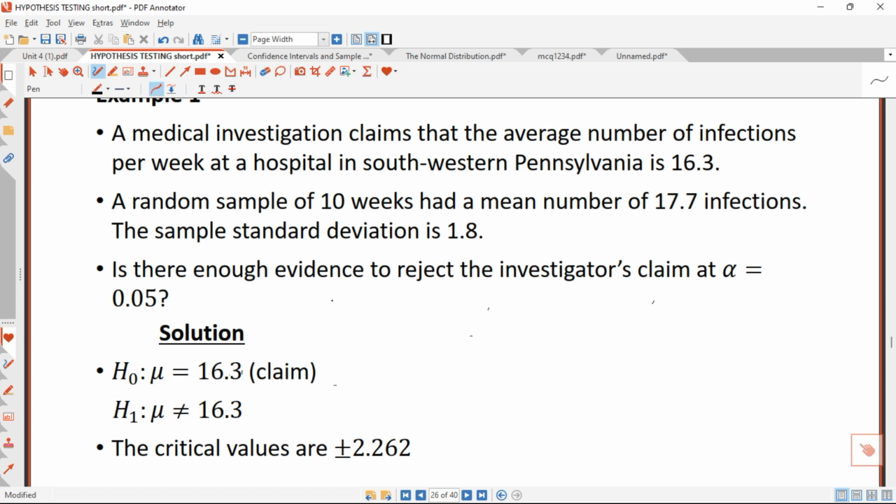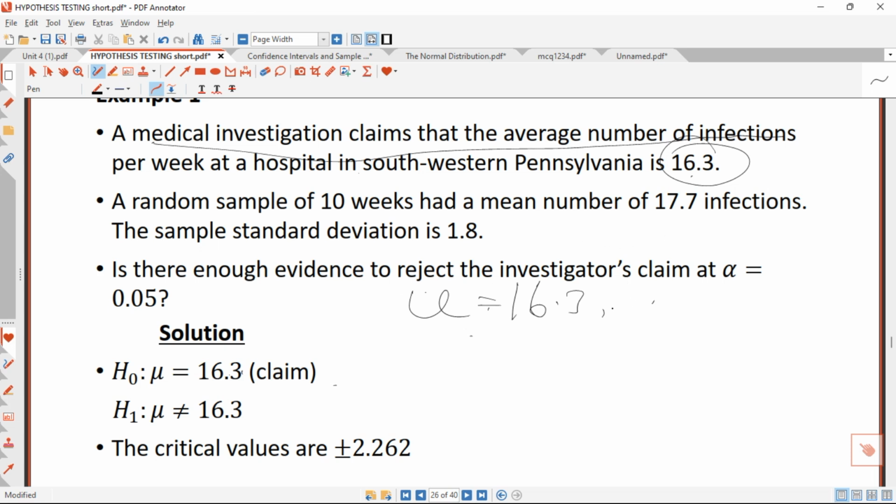So this is very simple, right? He said a medical investigator claimed that the average number of infections per week at a hospital in southwestern Pennsylvania is 16.3. So here our population mean was given to us to be 16.3. And then a random sample of 10 weeks had a mean of 17.7.